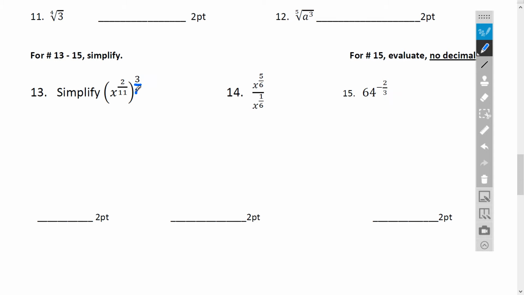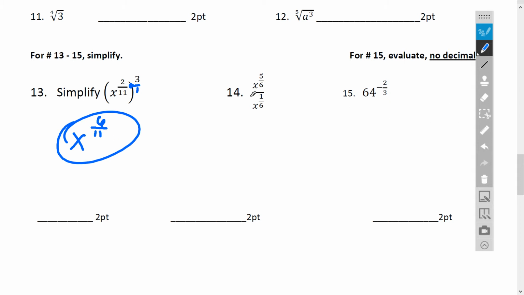So this would be 2 over 11 times 3 over 1, which would be x to the 6 over 11, because 2 times 3 is 6. This is called power of a power, and when you have power of a power, you just multiply the exponents. So that would be the simplified version.